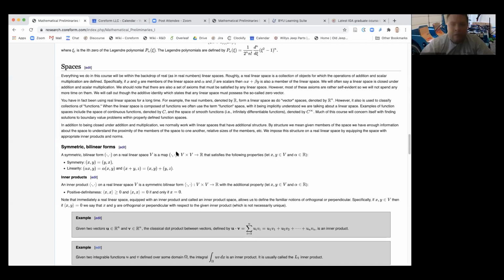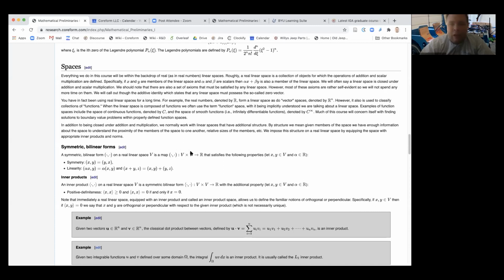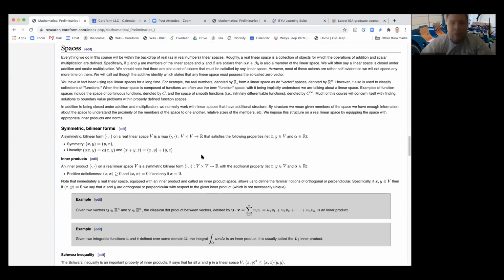What this says is specifically this symbol, no matter what it is, it could be a carrot or an apple or whatever, is defined such that it takes an element of V in the first slot, another element of V in the second slot, and produces a real number. That's exactly how you read that notation.